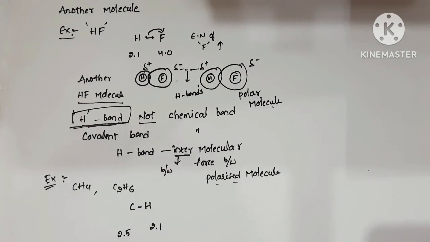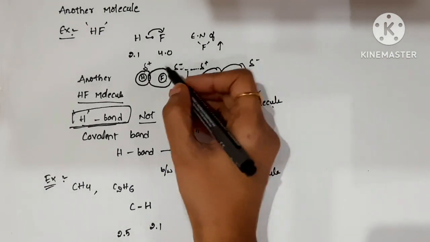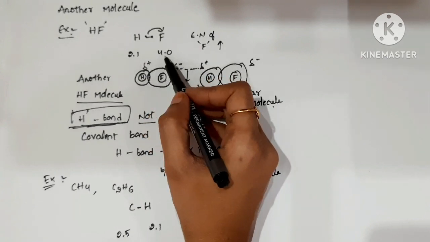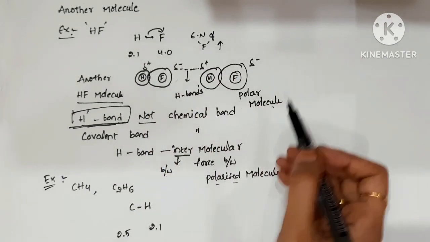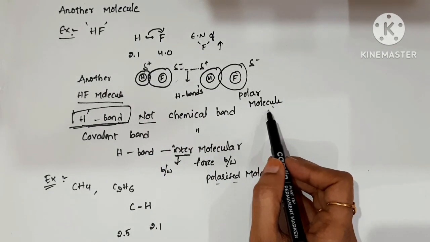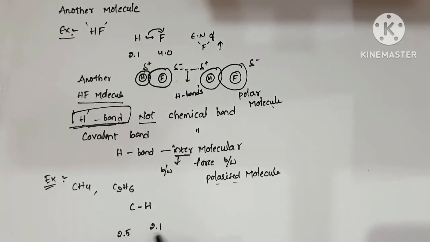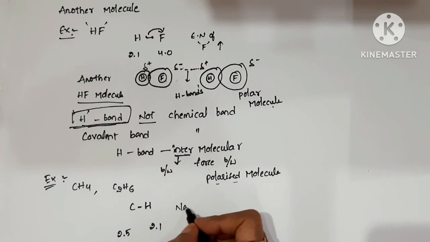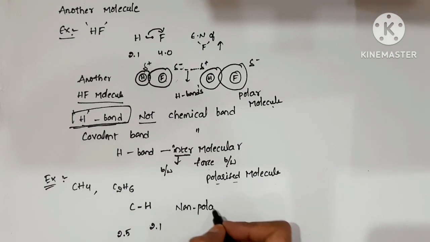So the electronegativity difference is very small, whereas in HF the electronegativity difference is high. That's why a polar molecule is formed there. Here the difference is very small, that's why it is a non-polar molecule.